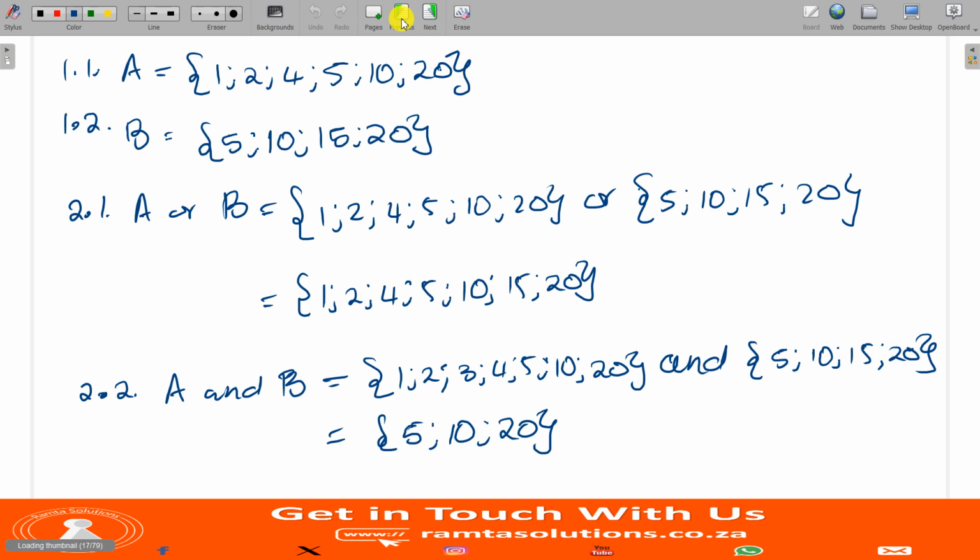Let's go back to check. As you can see, in both sets we have 5, 10, and 20. That's an intersection. For a union, it must contain elements that are in at least one of the two sets. In other words, a union will take all of the elements of the events involved.